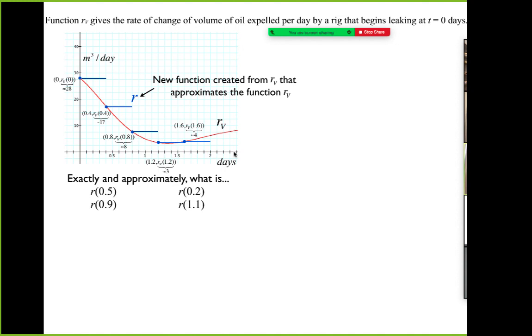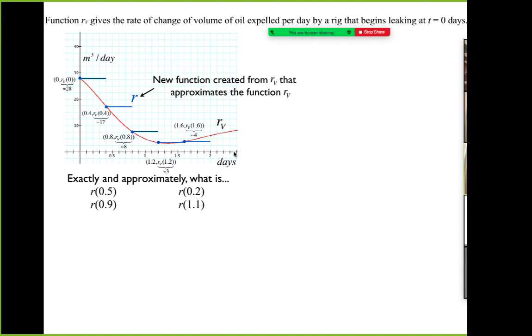Yeah, the only other thing I can think of is that maybe the exact rate function would be the goal, and it would come from an approximate rate function. Maybe that's what students are thinking.